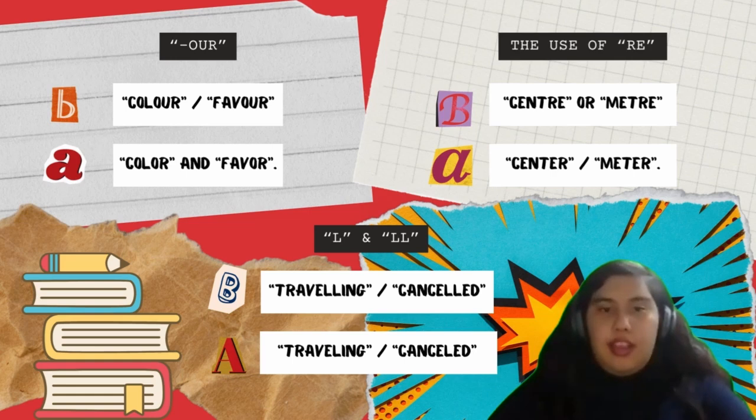Additionally, the use of "re" at the end of a word is different. In British English, it's common to see words like centre or metre, whereas in American English they are spelled center and meter.